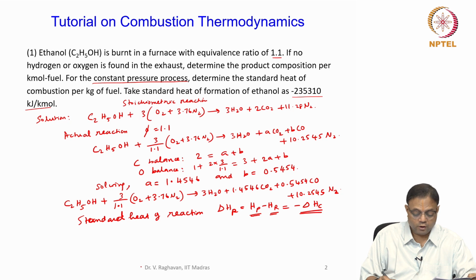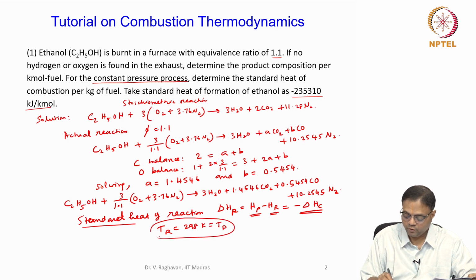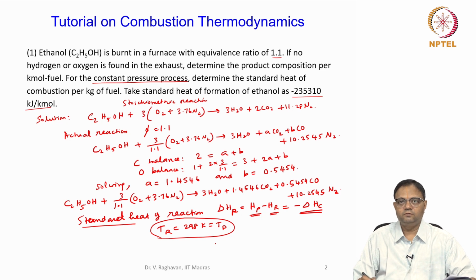So now, standard means the temperature of the reactants will be equal to 298 Kelvin. That will also be equal to the product temperature. So reactants are supplied at 298 Kelvin. After the reaction, products are formed and heat is transferred from the furnace to the surroundings so that the products are also cooled to 298 Kelvin.